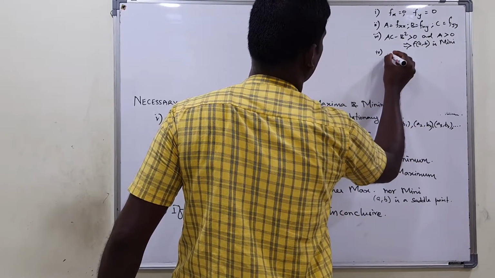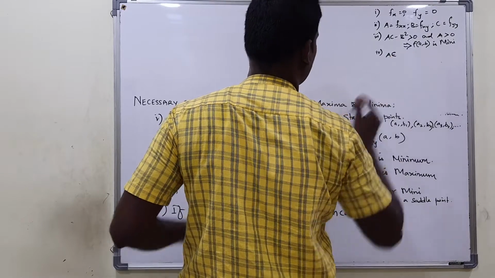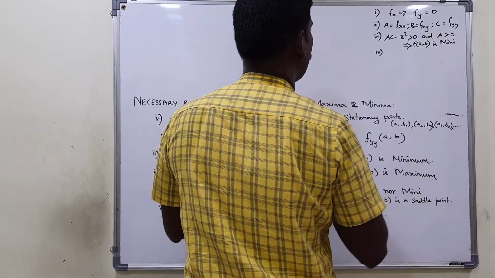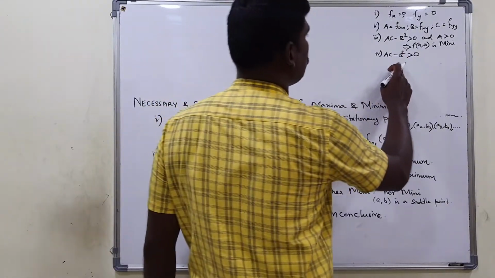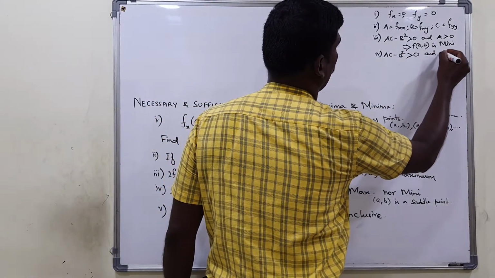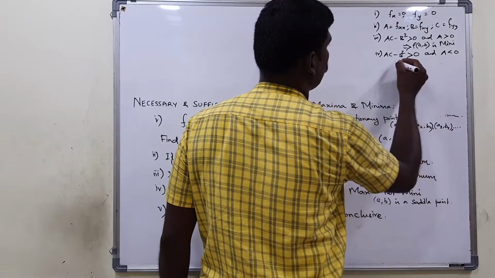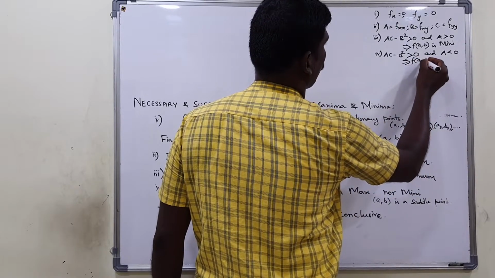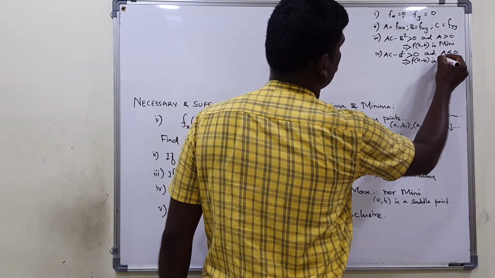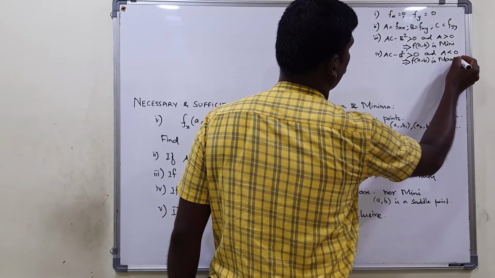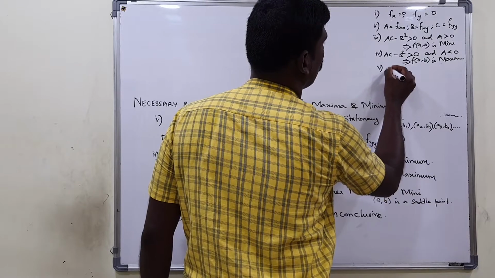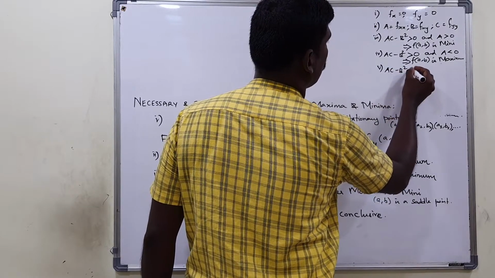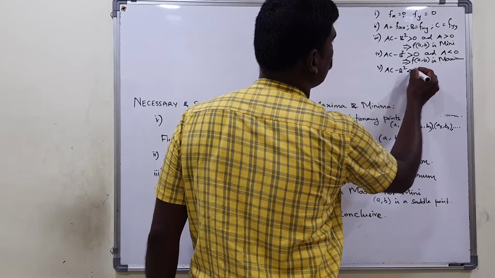Fourth one, AC minus B square greater than 0 and A is less than 0 implies f of A comma B is maximum. Next one, AC minus B square is less than 0.